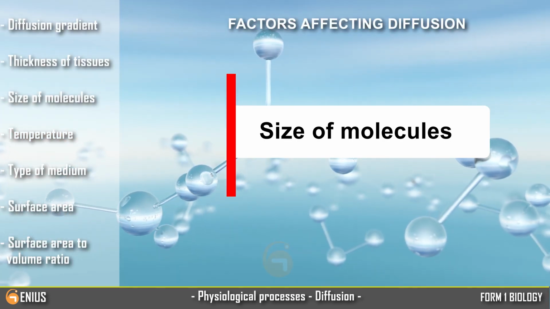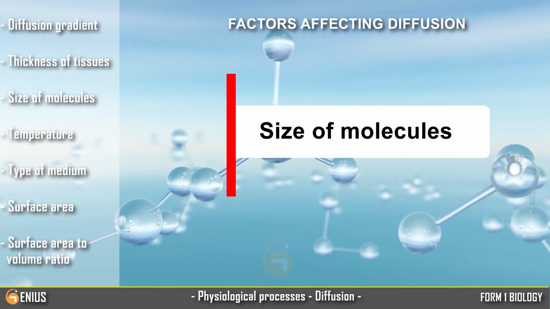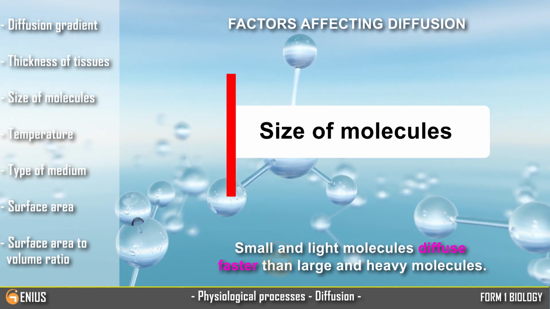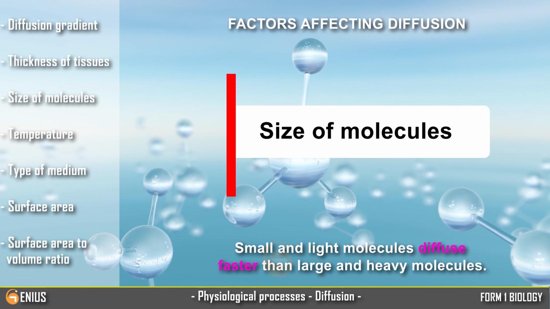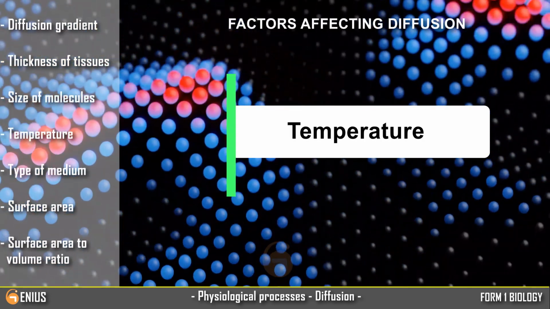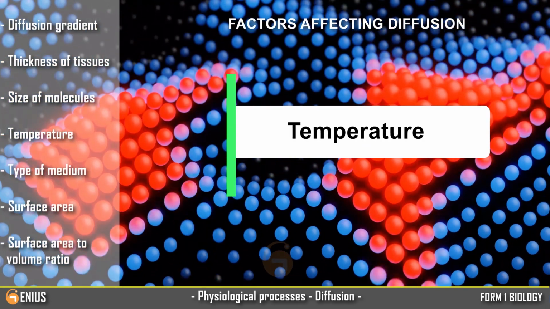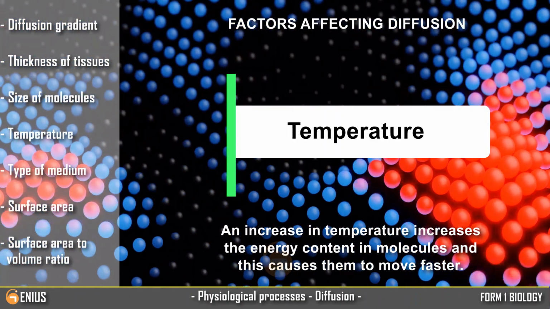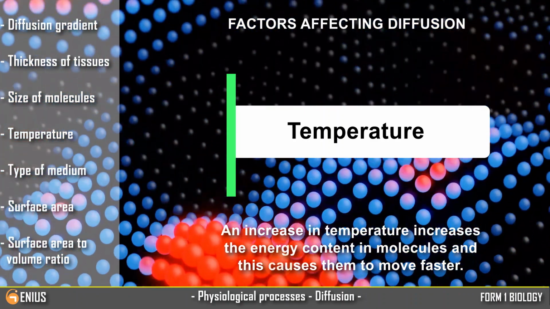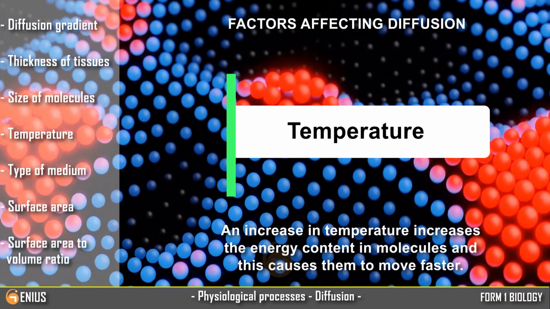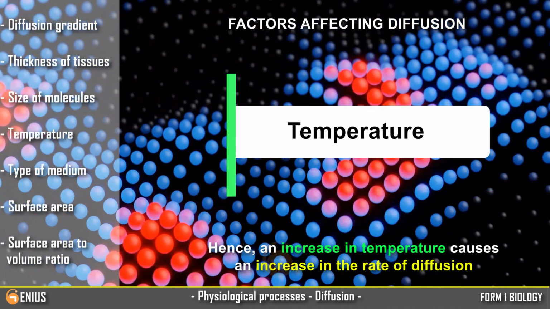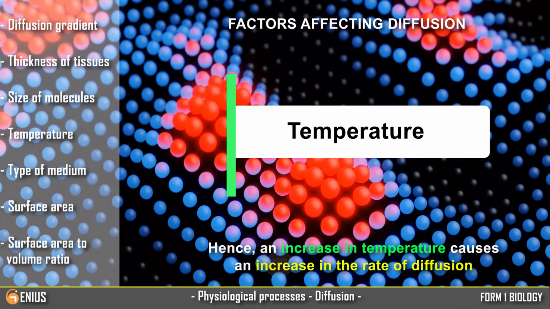Size of molecules. Small and light molecules diffuse faster than large and heavy molecules. Temperature. An increase in temperature increases the energy content in molecules, and this causes them to move faster. Hence, an increase in temperature causes an increase in the rate of diffusion.